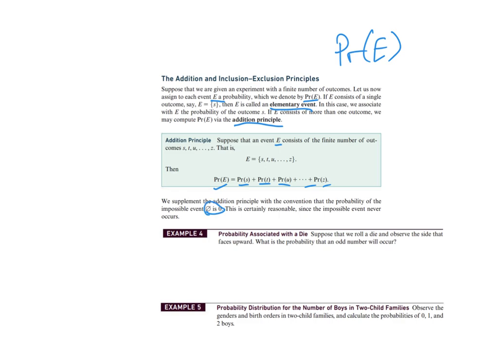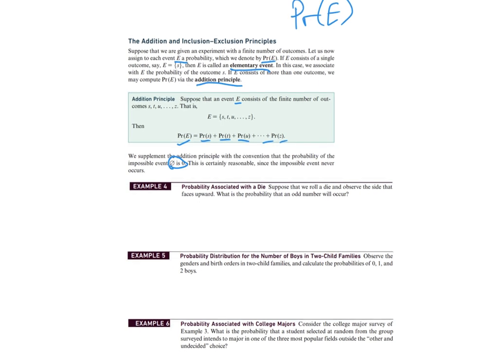This seems a little confusing, but let's just talk about an example and it will make more sense. Suppose we roll a die and observe the side that faces up. What's the probability that an odd number will occur? This is not an elementary event because it's made up of different options: 1, 3, 5.